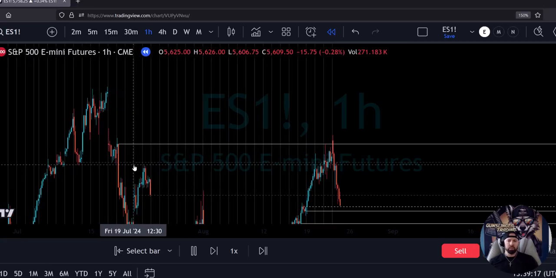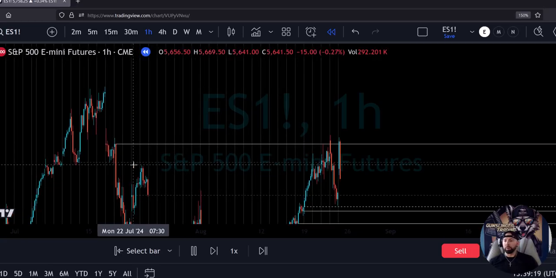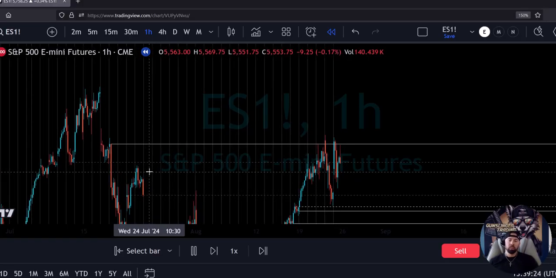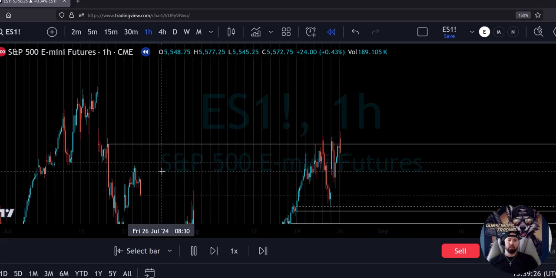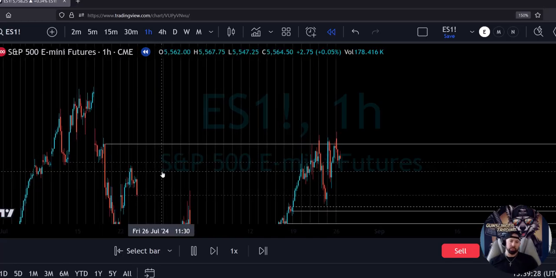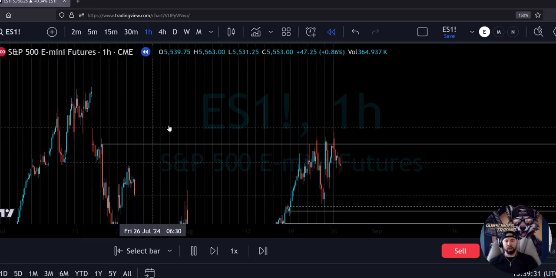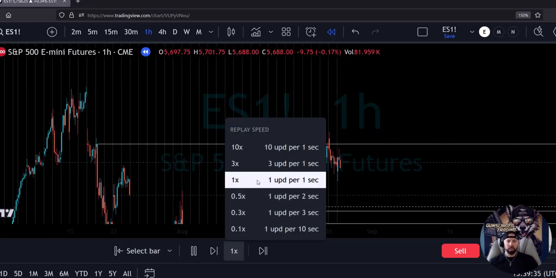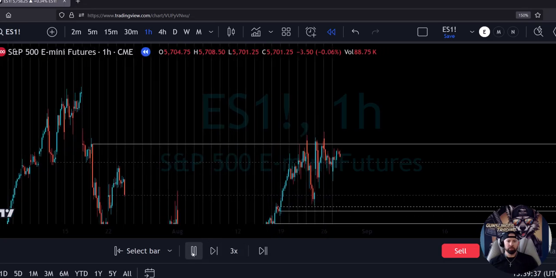Yeah, a level that gets tested a lot over a long period of time is likely going to become a 3 out of 5 level, because it's been hammered in through time so much that price has been reacting to it over a long period of time. So I'm going to speed this up here. Let's do 3.